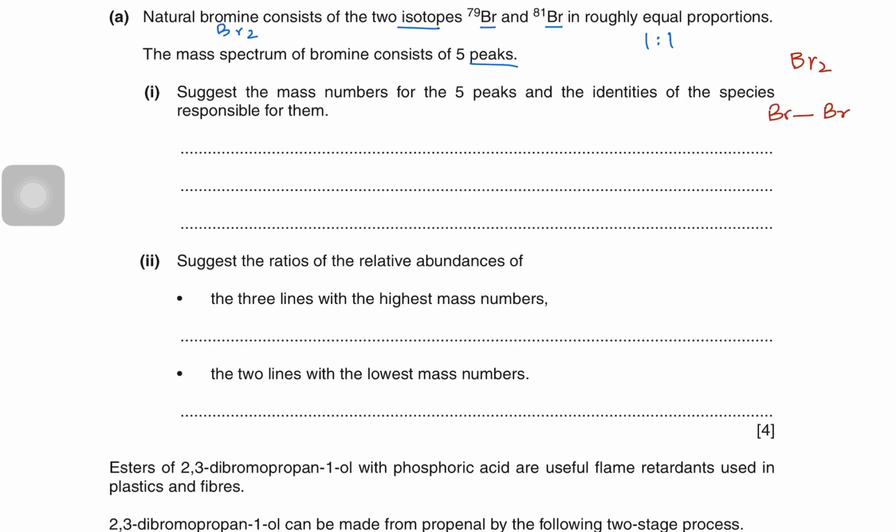Imagine your first bromine molecule where the first atom has a mass of 79 and the other also has a mass of 79. In this way, the total mass is going to be 79 times 2, and this molecular ion is going to have a mass over charge ratio of 158 units.